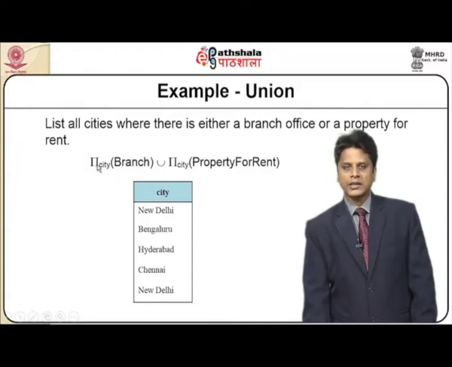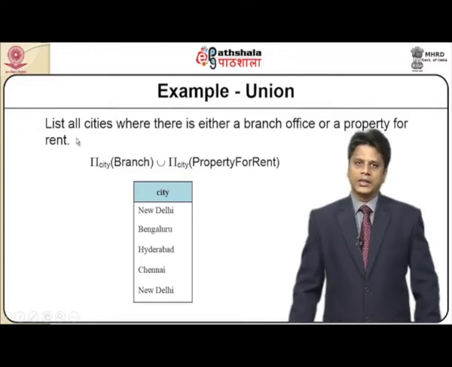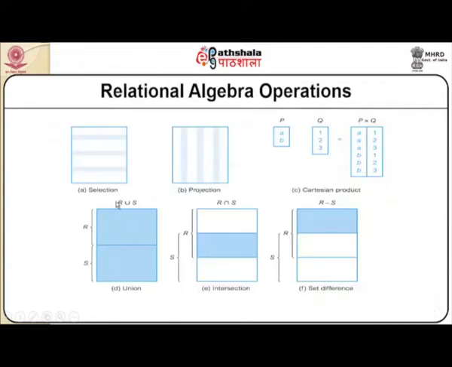So, project only city from the branch relation, project only city from the property for rent relation, and make a union between these two operands, which will give the value for the union. As I indicated in the beginning, between two relations R and S, a union will take a maximum of i tuples in R and j tuples in S, but it tries to avoid duplicates.